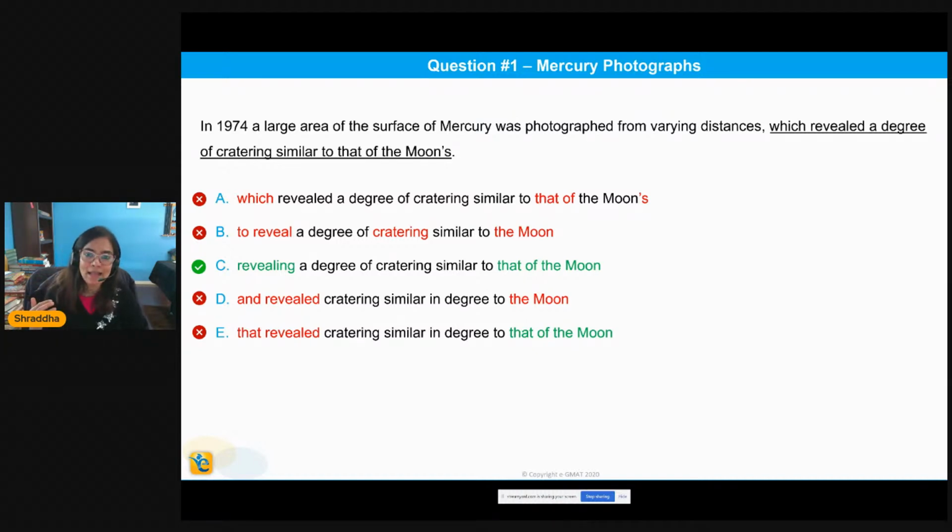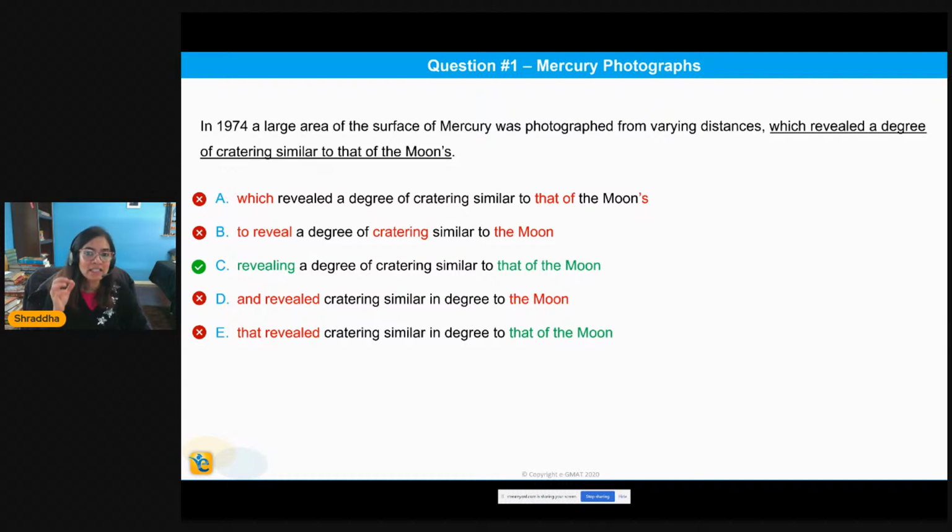The point here is that choice A, or the original sentence, is not there just to present one of the answer choices. This is one mindset that we need to change about SC. The original sentence that you are dealing with is not there only to present you one of the five answer choices.